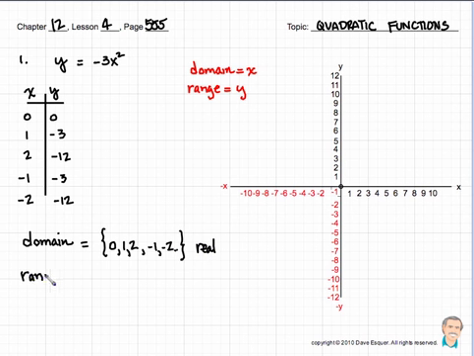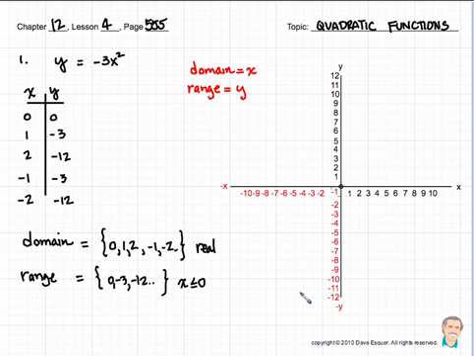And the range is going to be 0, negative 3, negative 12, and all kinds of numbers like that. But if you look at it, the range is going to be all numbers that are less than or equal to 0. So that's the domain, and that's the range.